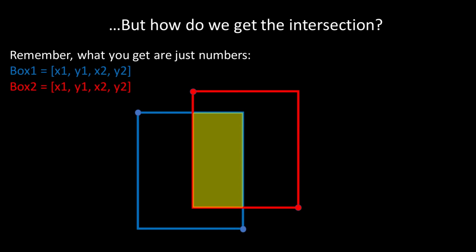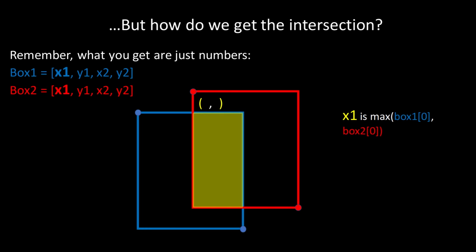So let's look at a little bit of a more difficult example to again illustrate this same concept. So here we have two bounding boxes again. We have a blue bounding box and a red bounding box. And our goal here is to find the intersection, or rather our goal is to find the corner points of the yellow region. Looking at the top left corner point of the yellow region, we first want to calculate the x1 value.